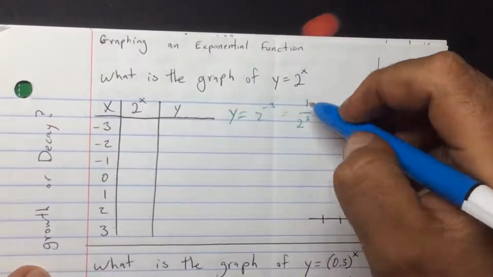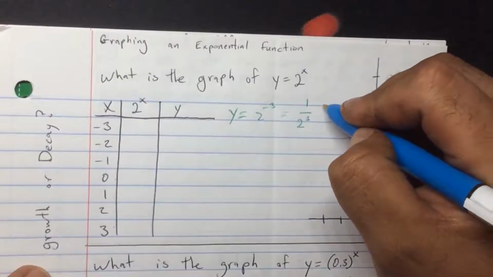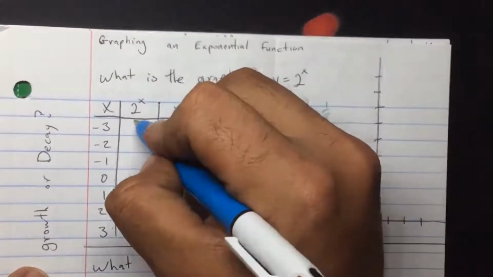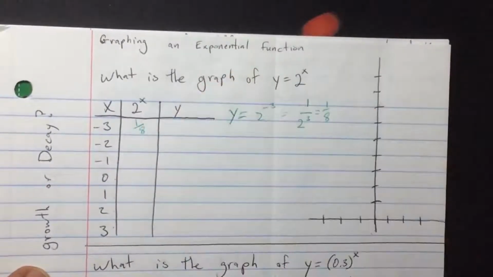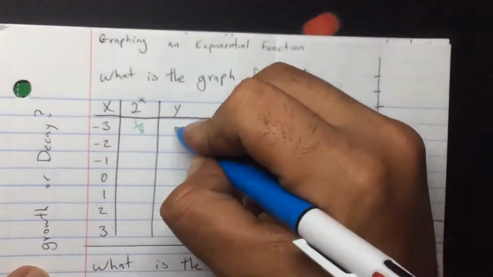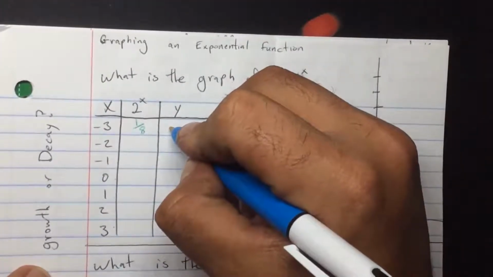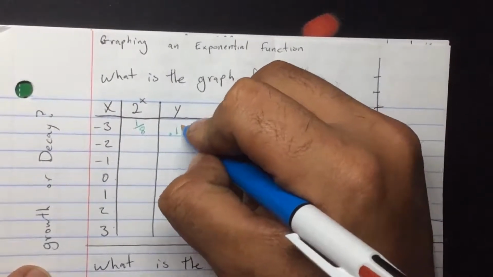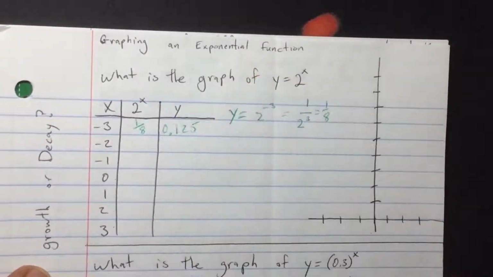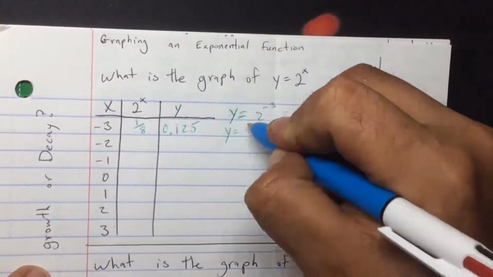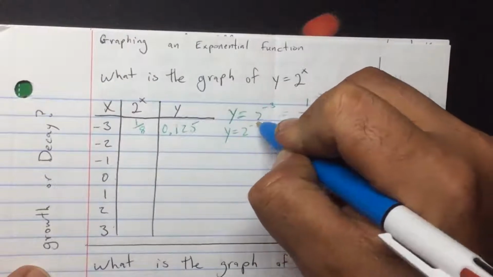Well, 2 to the 3 is 8, so this is going to equal 1 over 8, which is approximately 0.125.